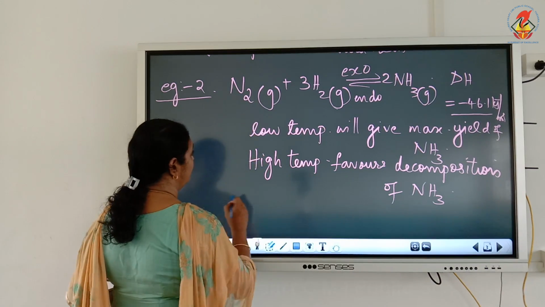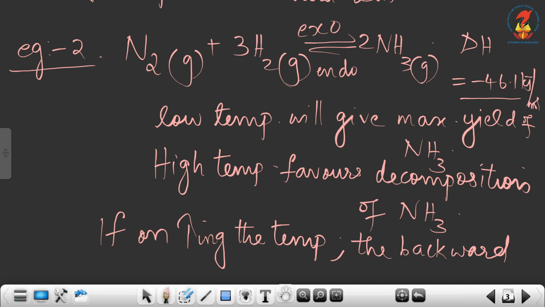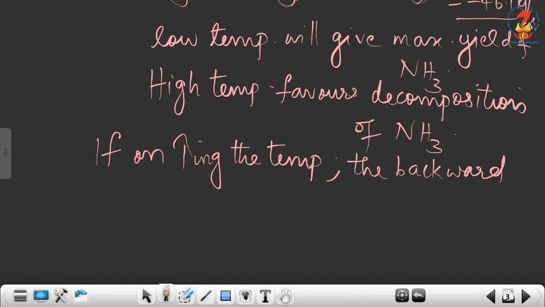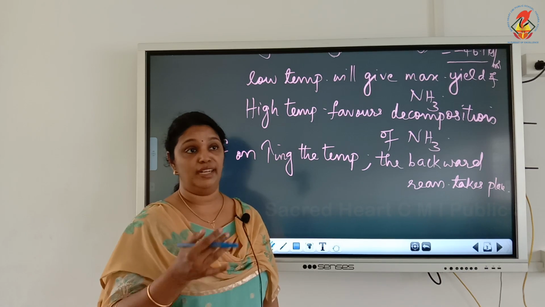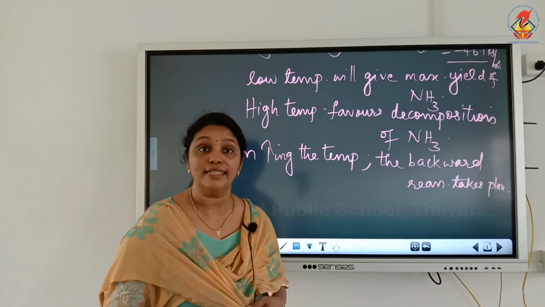So on increasing the temperature for this reaction, the backward reaction takes place. And if I decrease the temperature, then the forward reaction takes place, because when I decrease the temperature, the reaction will shift in the direction in which heat is released.